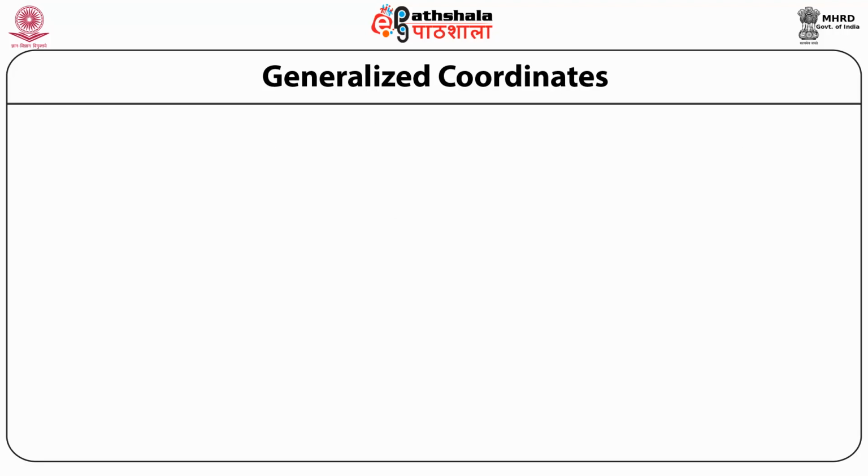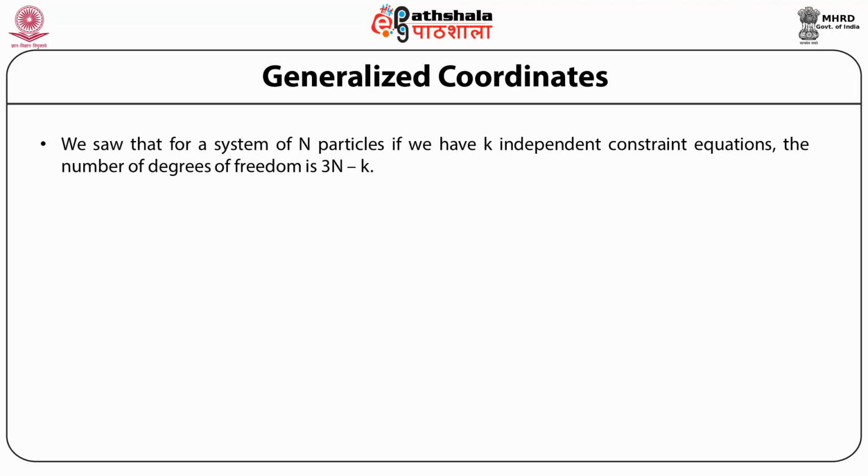Let us now talk of generalized coordinates. We have already seen that for a system of n particles, if there are k independent constraint equations, the number of degrees of freedom is 3n minus k, because each particle in Euclidean three-dimensional space has 3 degrees of freedom.